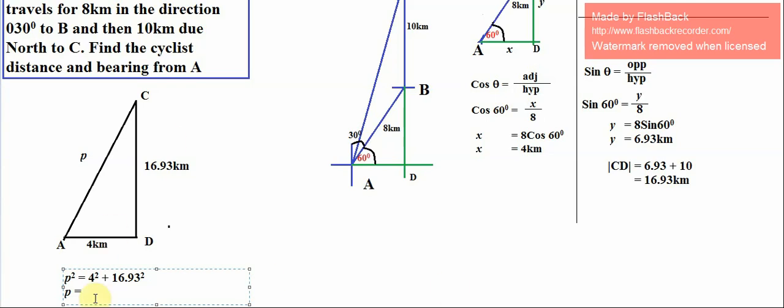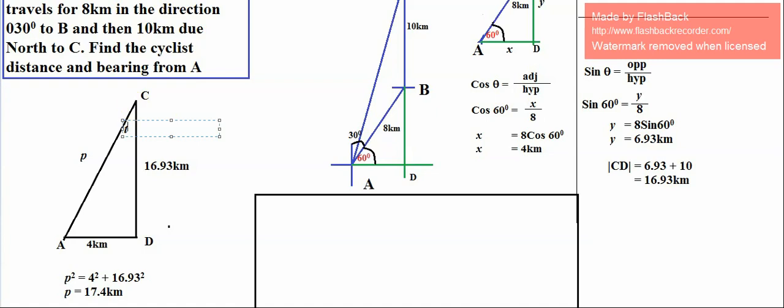I hope you had 17.4 kilometers. We had 17.4 kilometers. So that is it for finding AC.